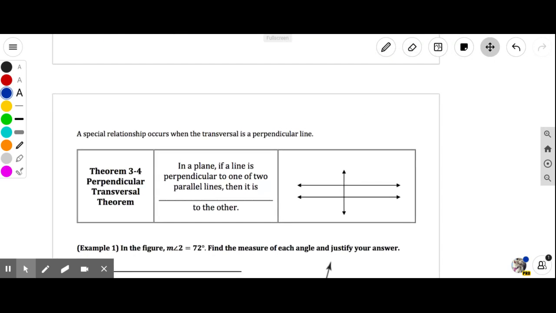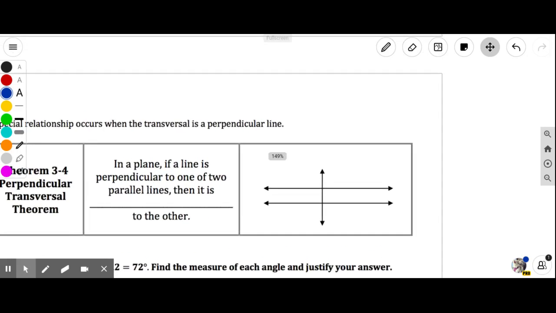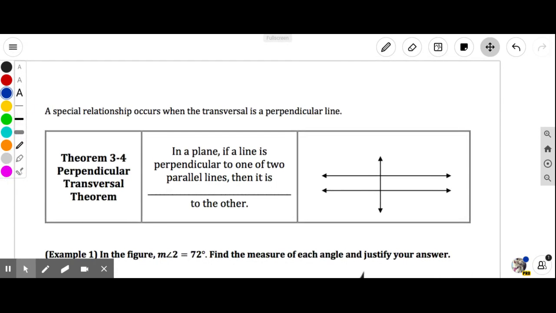This next one comes up every now and then. It's the perpendicular transversal theorem. Remember that perpendicular means creates 90-degree angles. In a plane, if a line is perpendicular to one of two parallel lines, then it is perpendicular to the other. I'll show you what this means on the picture.